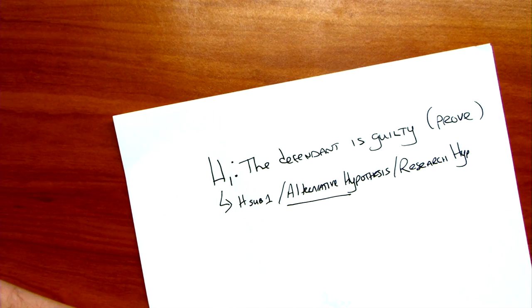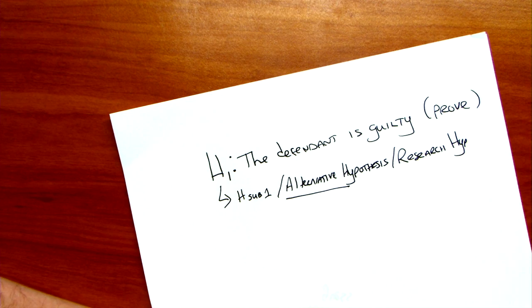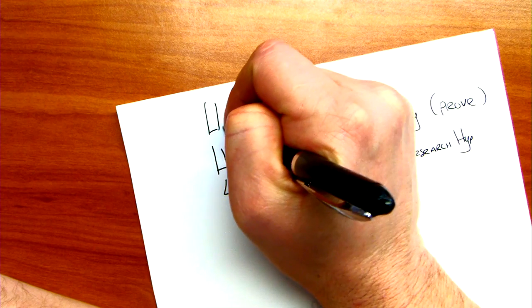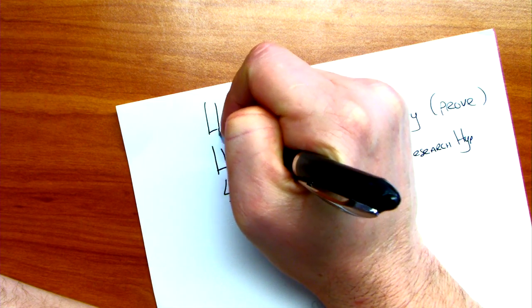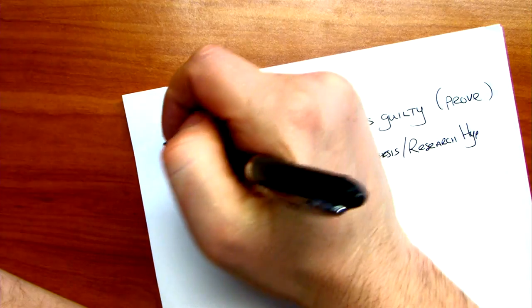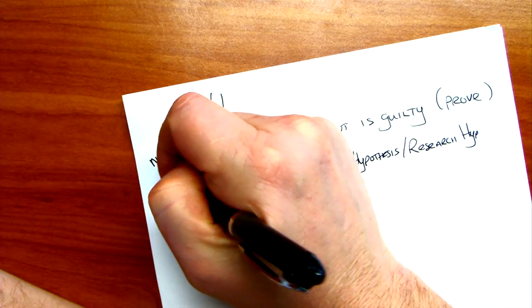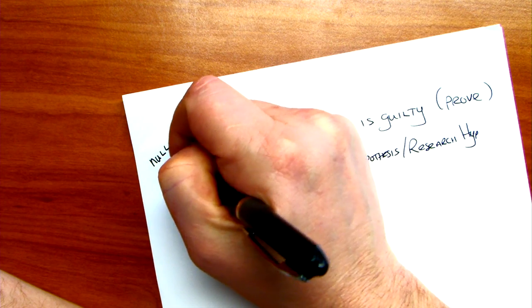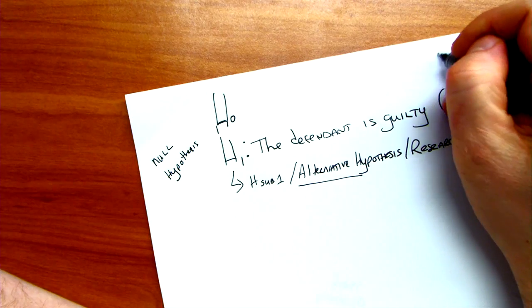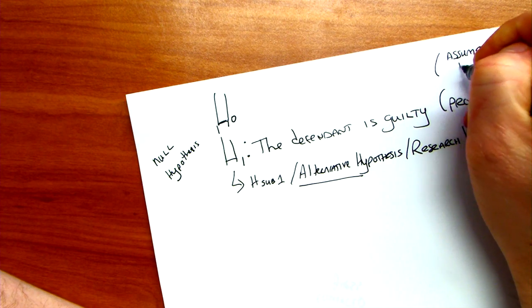Because we see alternative, that must mean there is a different hypothesis, and there is. There's one that we start with, we call the null. It's not H sub 0, that's null, like null meaning nothing. So this is called the null, N-U-L-L, hypothesis. And it is what we assume to be true at the beginning of this process.